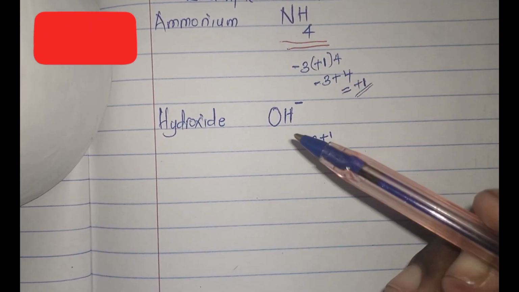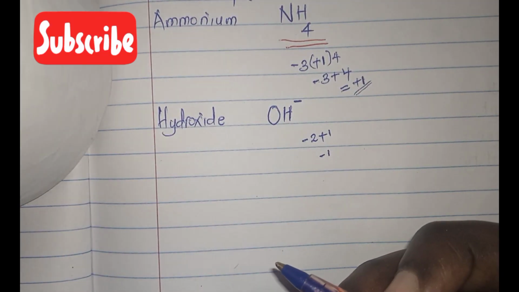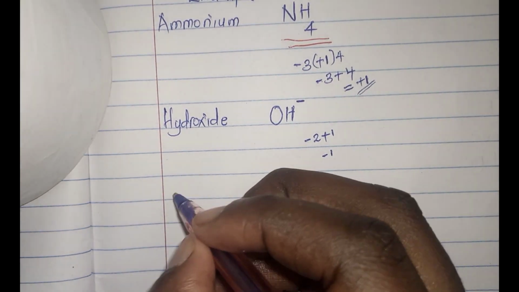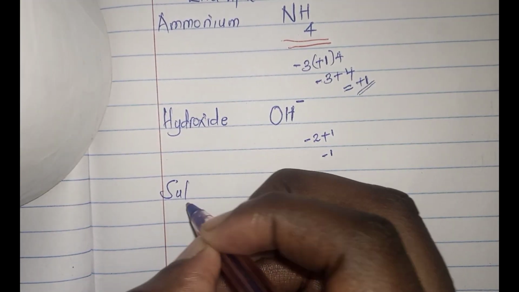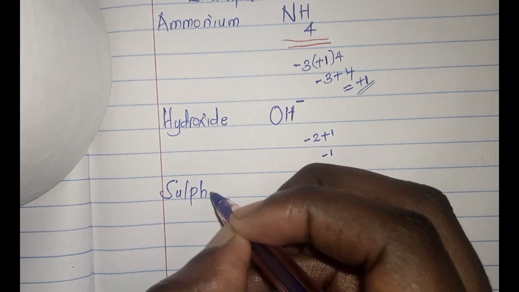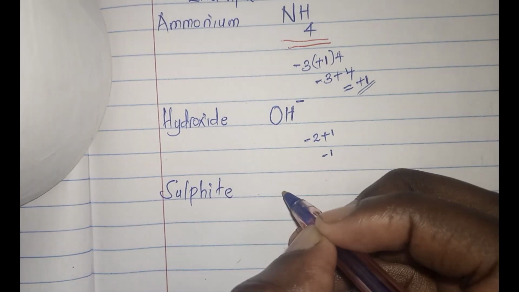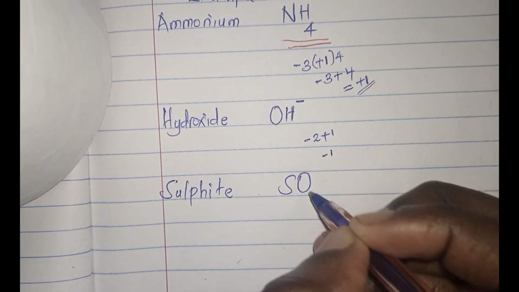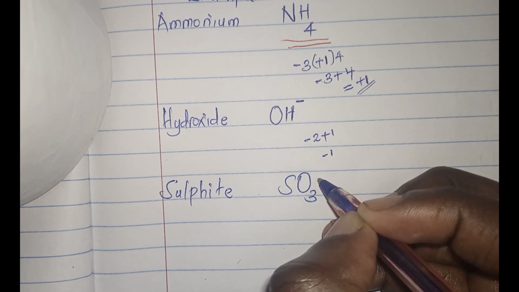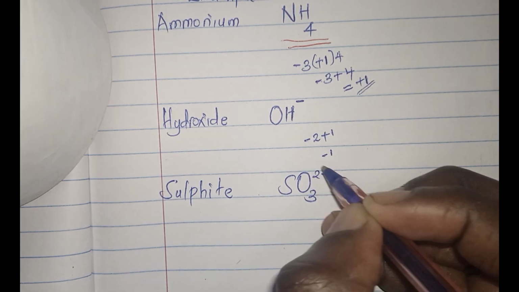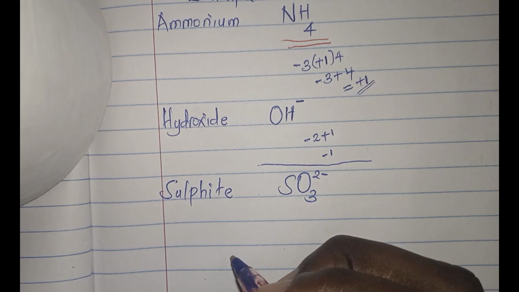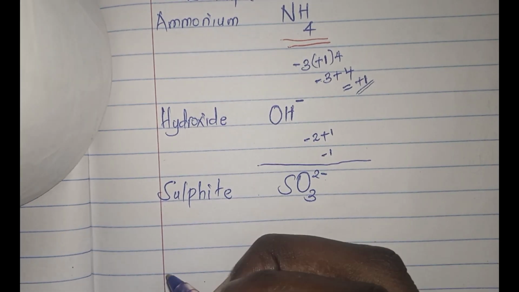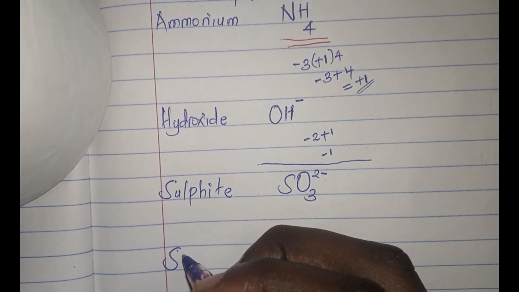Let us now look at sulfite and sulfate. They are also radicals. This is sulfite and this is sulfate.